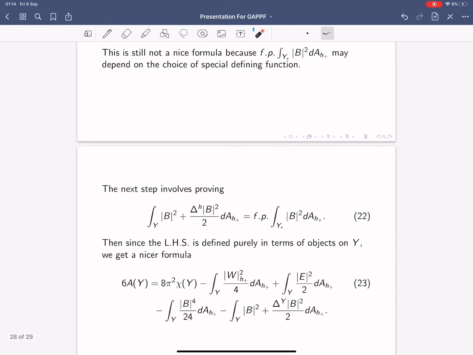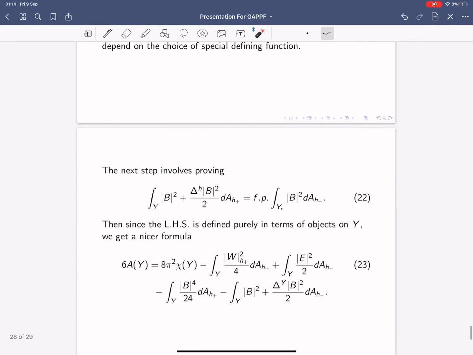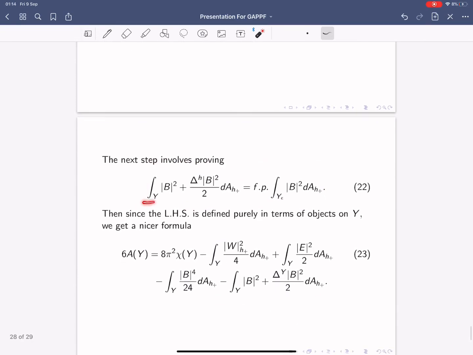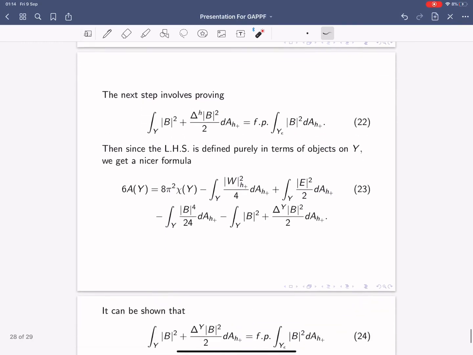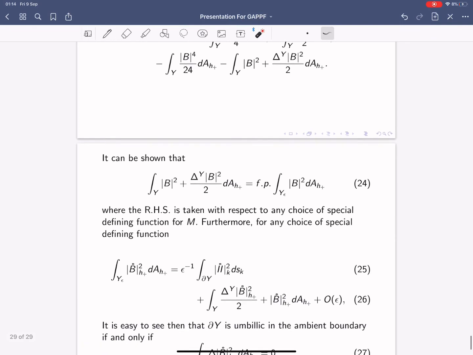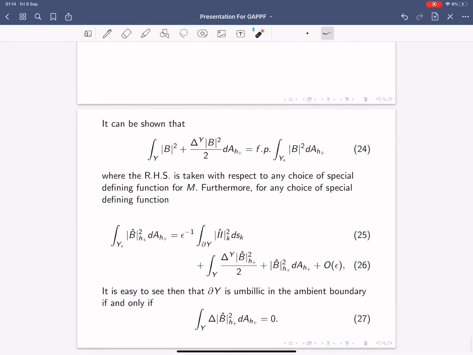But then we can find that this is equal to this. And once we do that, we sub it in there and we arrive at our formula. This just involves a computation to check. And that completes the sketch of the proof.